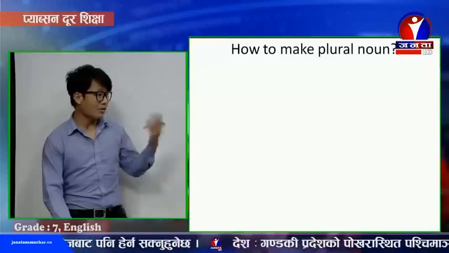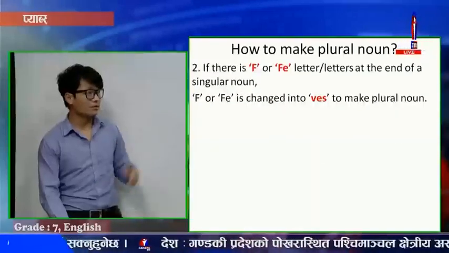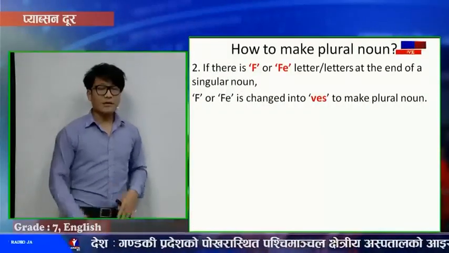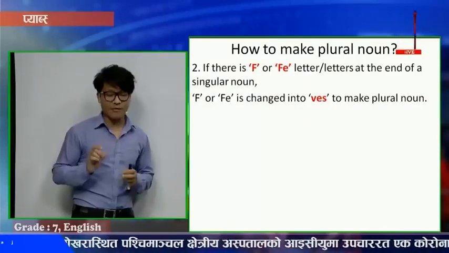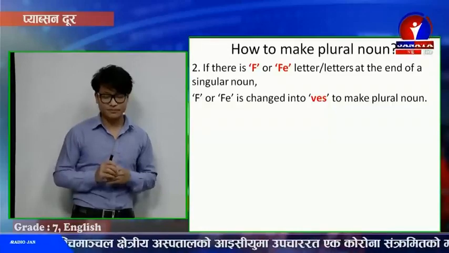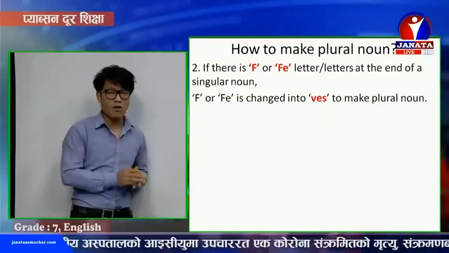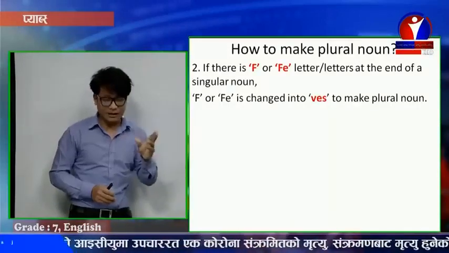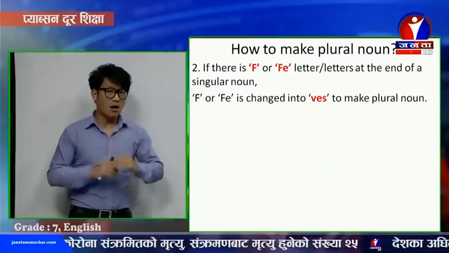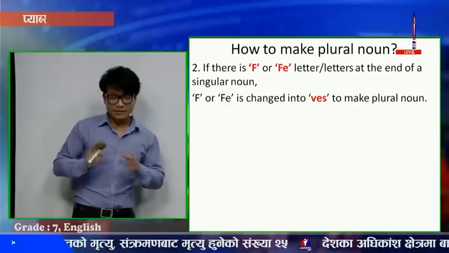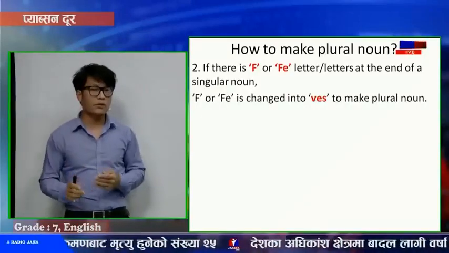Now let's have another rule. If there is f or fe letter or letters at the end of a singular noun, f or fe is changed into ves to make plural noun.